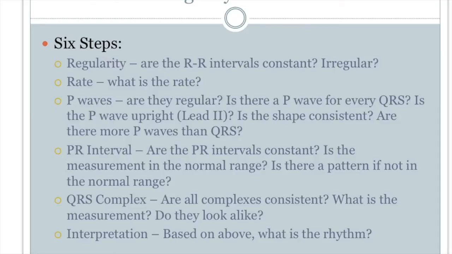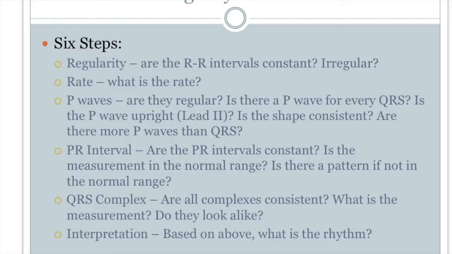P waves, are they regular? Is there a P wave in front of every QRS? Is the P wave upright, which we'll see in lead 2? Is the shape consistent? Are there more P waves than QRS, which we'll see in blocks later in the program, in the modules? And then PR interval. Are the PR intervals constant?